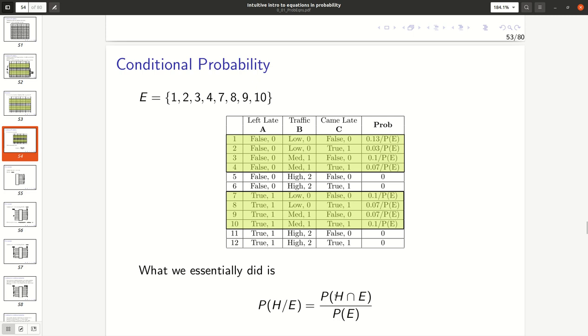This intersection in the numerator with E eliminates all the rows which are outside E, and then retains only those rows which are within E, and sums the value of probability of those rows. Then dividing by probability of E, we make sure that whatever remaining retained rows are there, their probability sums up to 1.